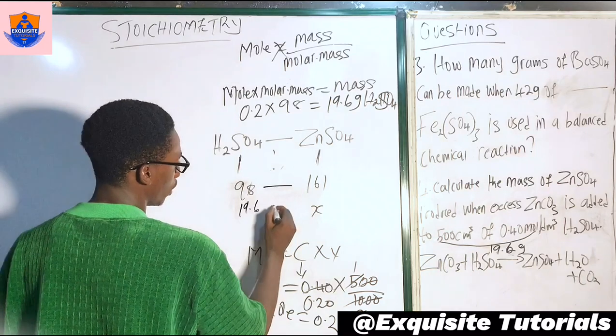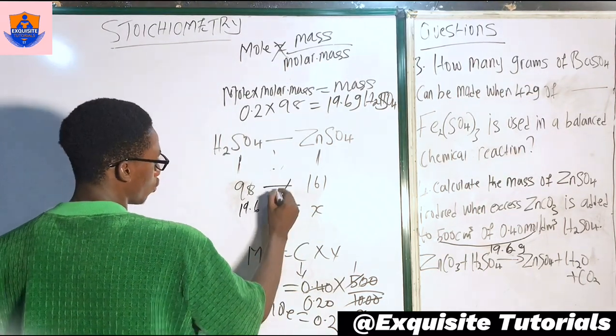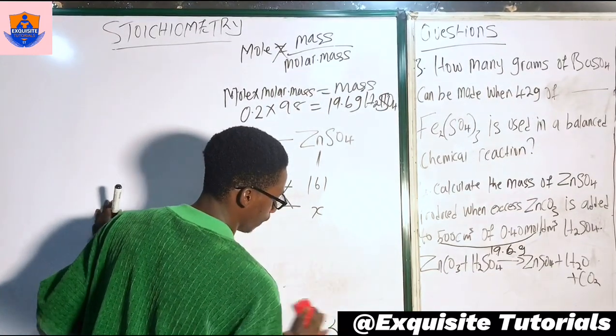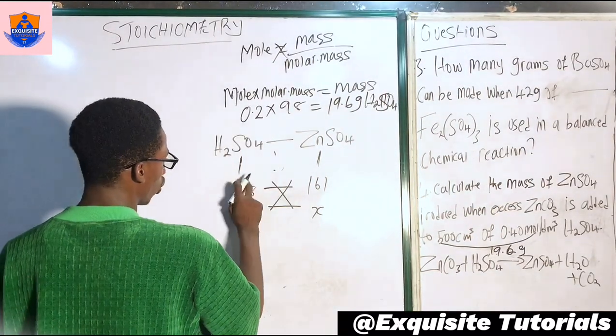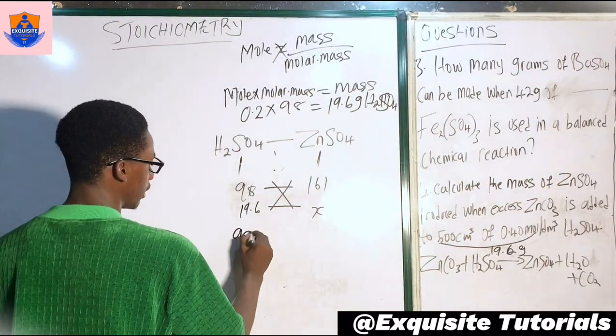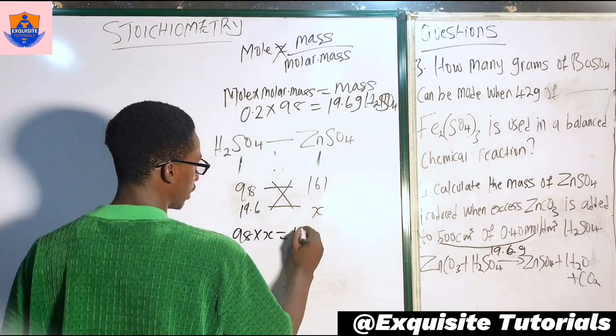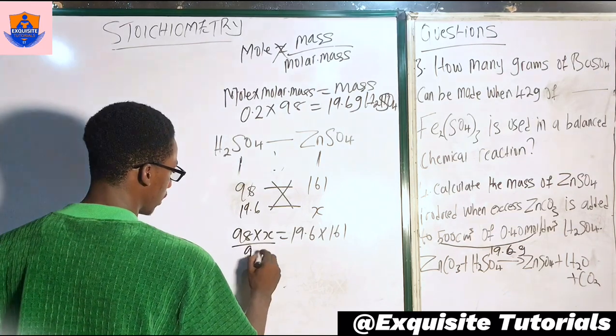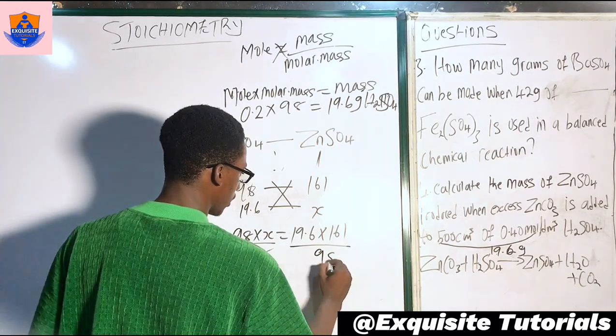So, let's relate it. So, multiply, we have, cross multiply at the bottom, we have 98 times x will be equal to 19.6 times 161. So divide by 98.